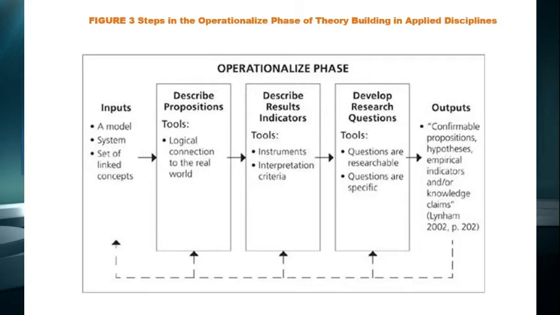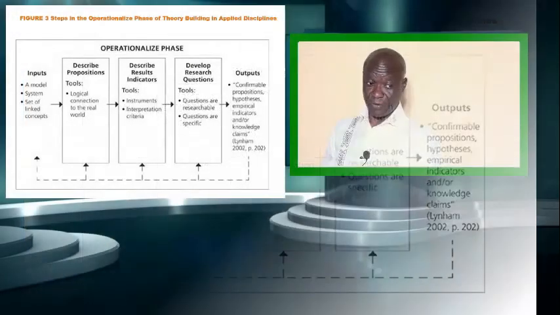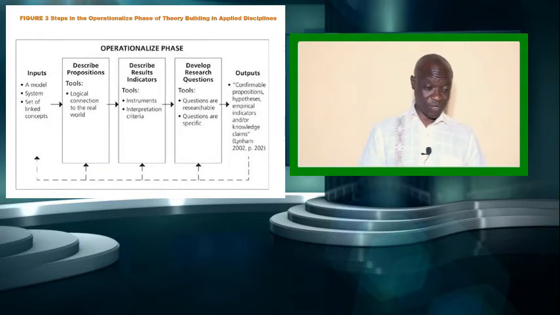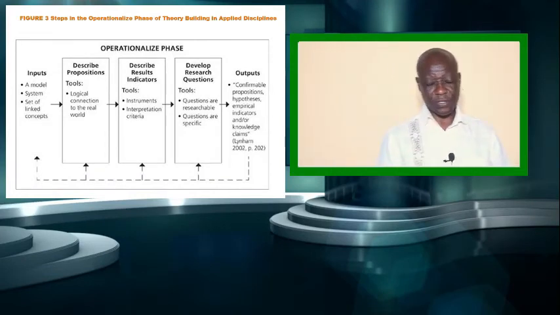So let's go back to our diagram here that we have on the screen, and the last phase that we see there is outputs. And ladies and gentlemen, as I go through the outputs here, we are coming towards the end of our lecture, and I hope you've enjoyed and you continue to enjoy the lecture. So what are these outputs of the operationalized phase?